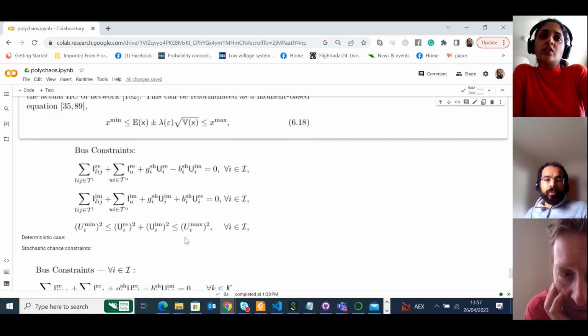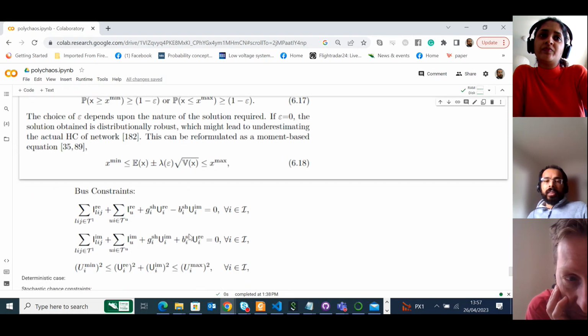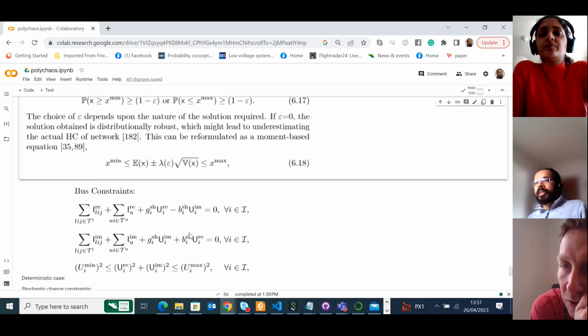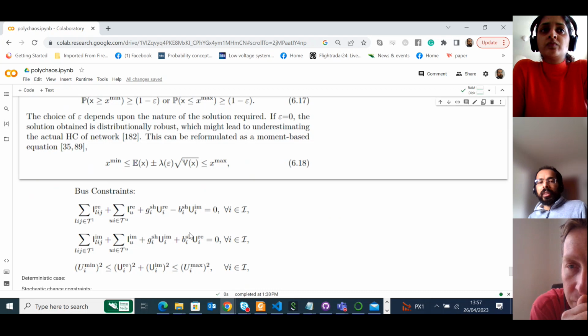Lambda is just a constant. So you can tune it according to the chance constraint you want in your problem. Do you want a chance constraint of 5%, 10%, or 15%? According to that, you tune it.